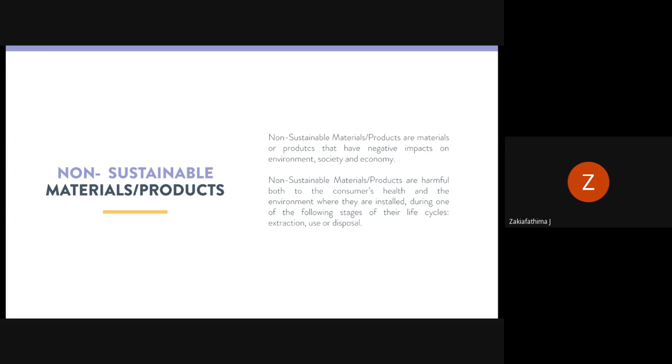Any material that is expensive you can also consider a non-sustainable material. Throughout the process of extraction, use and disposal, there should be absolutely no harm to your consumer's health, environment, and your economy. That is what a sustainable material is. Anything that contradicts it is a non-sustainable material.